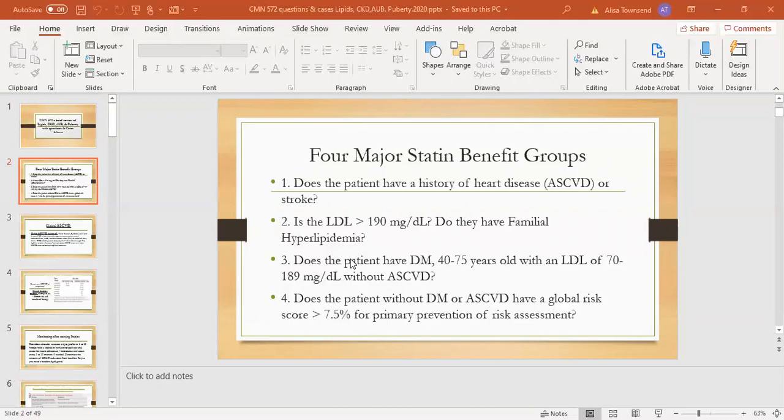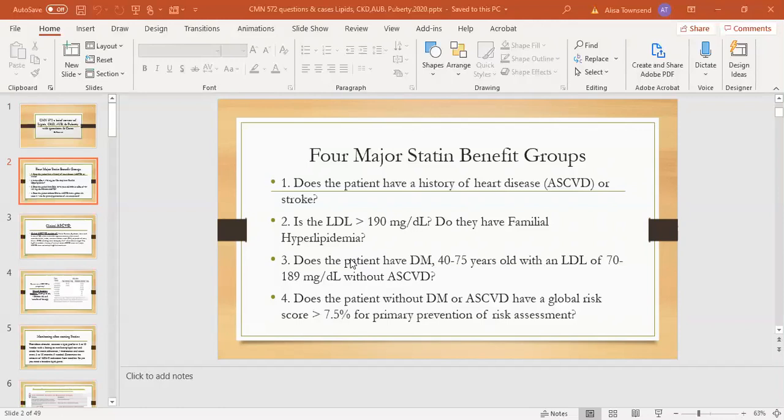The next group, you ask yourself the question, does this patient have diabetes? Are they 40 to 75 years of age with an LDL of 70 to 189 milligrams per deciliter without ASCVD? If that's the case, then you'll start a moderate intensity statin.